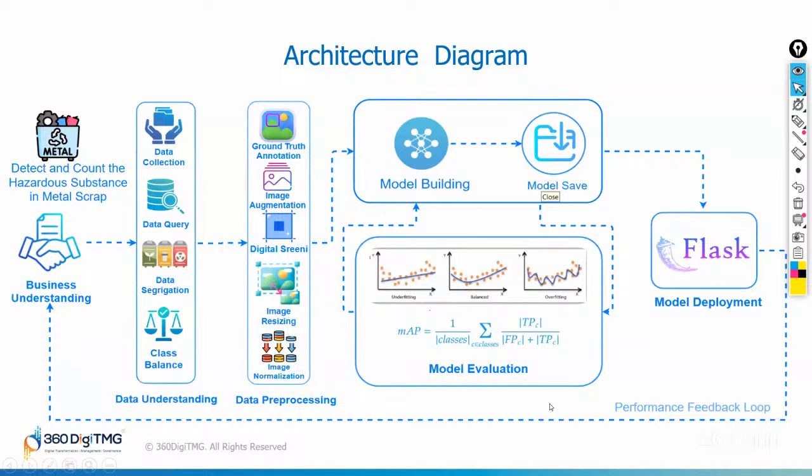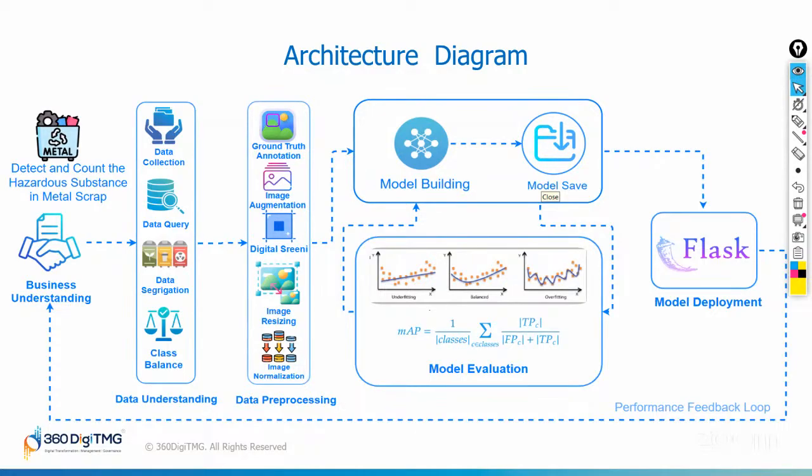Now let's come to our architecture diagram, which showcases the flow we follow to complete this task. Here in this architecture diagram, we start with our business objective. We first understand the business problem, what this business problem is all about, and then proceed with the flow of the project.